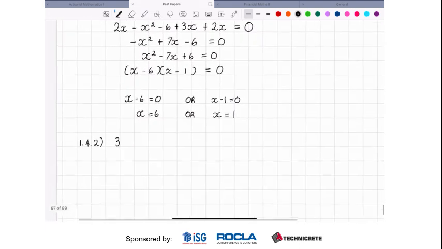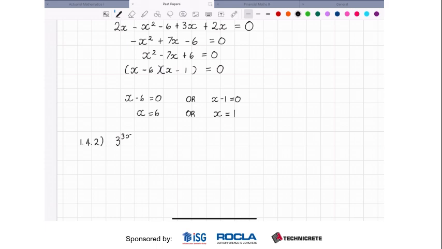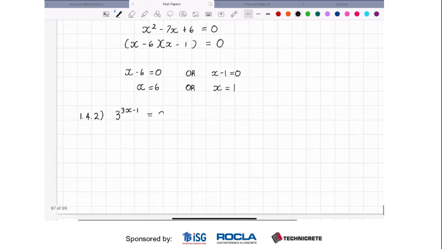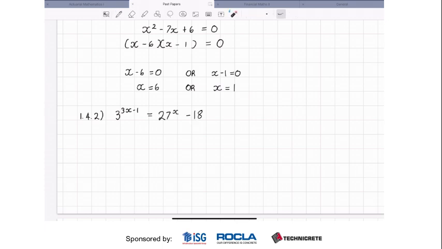We have 3 to the power of 3x minus 1 is equal to 27 to the power of x minus 18. So again, like in the previous exponent questions, I want to be able to use my exponent laws to add and subtract these exponents with x in them.